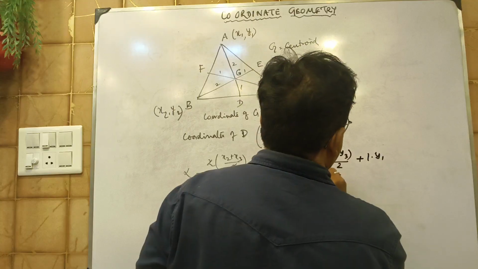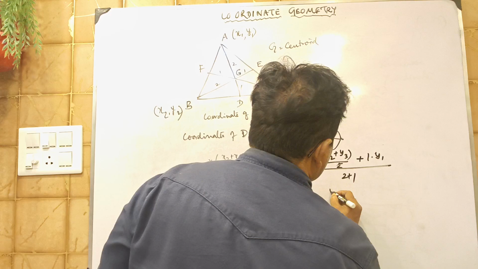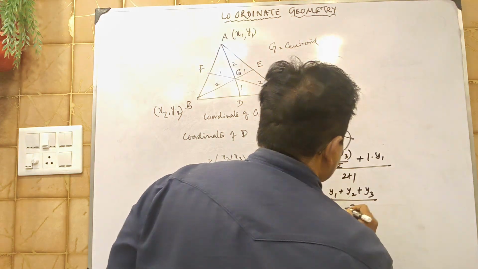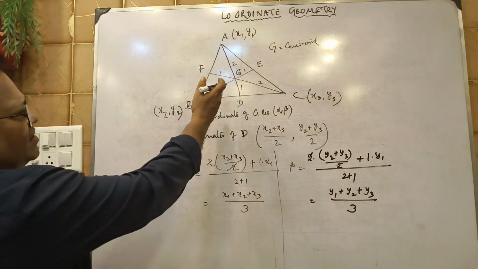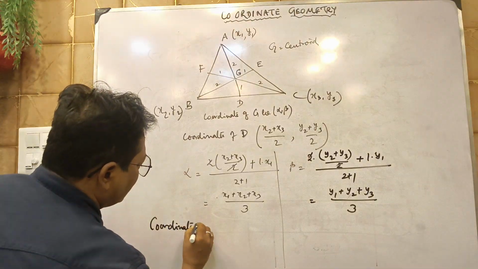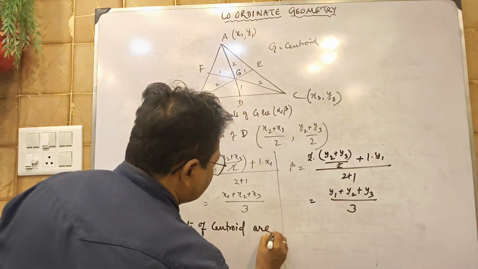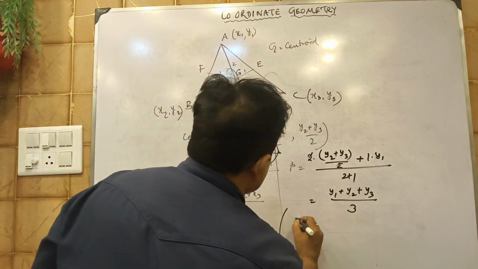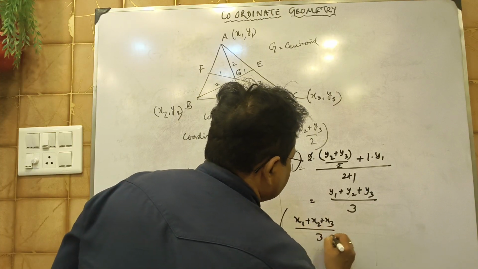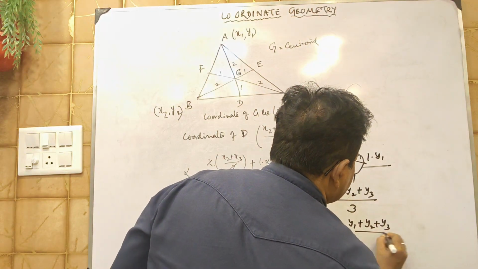Here the 2 cancels out, and it is y1 plus y2 plus y3 divided by 3. So the coordinates of the centroid are x1 plus x2 plus x3 divided by 3 and y1 plus y2 plus y3 divided by 3.